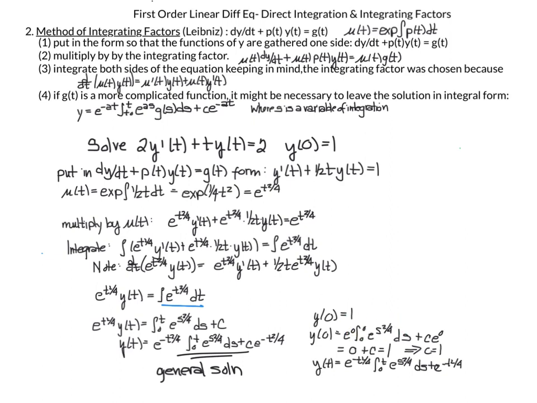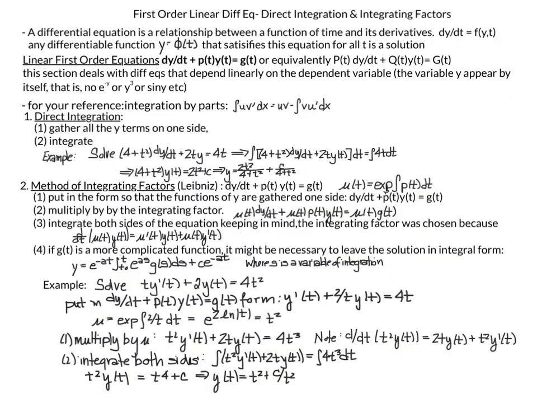Since I'm integrating from 0 to 0, I'm going to get 0 plus c equals 1, which gives me c equals 1. So my initial value problem solution is y(t) equals e to the minus t squared over 4 times the integral from 0 to t of e to the s squared over 4 ds plus e to the minus t squared over 4. So this is where we would leave this in integral form.